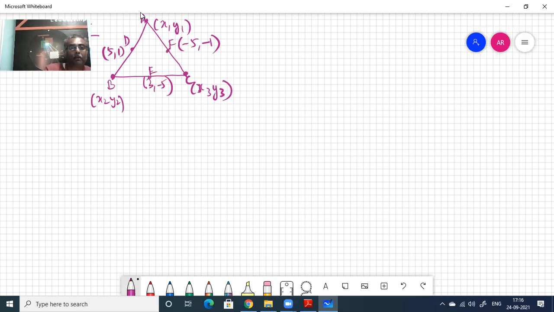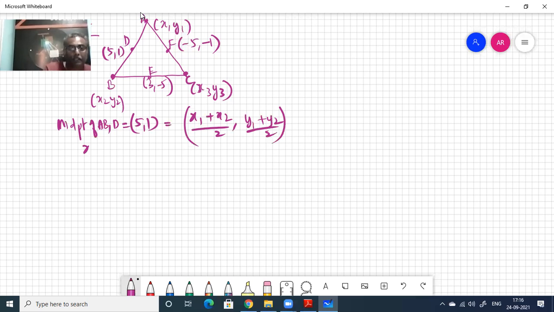Now what you have to do: midpoint of AB is D, which is equal to (5, 1). How is it equal to (5, 1)? (x1 plus x2) by 2 and (y1 plus y2) by 2 is equal to (5, 1).